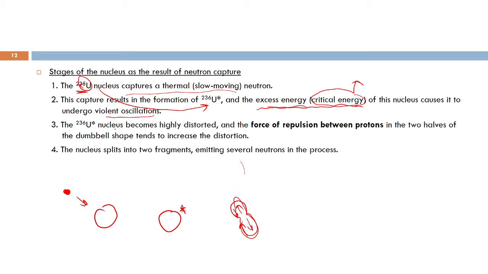So at some point the uranium-236 is highly distorted, and after a certain distance, quite a long distance, the electromagnetic repulsion force between protons will act, and that action causes the split of the uranium-236.